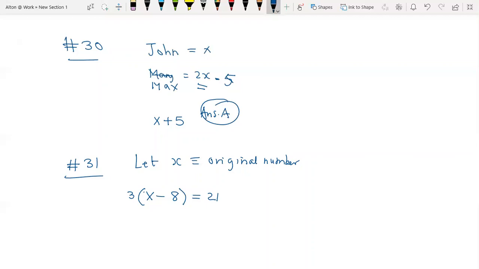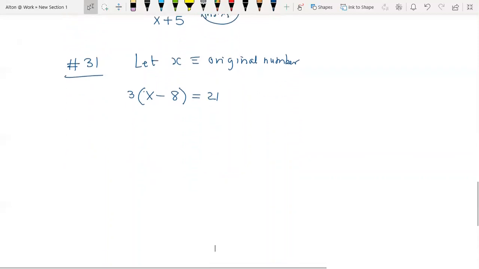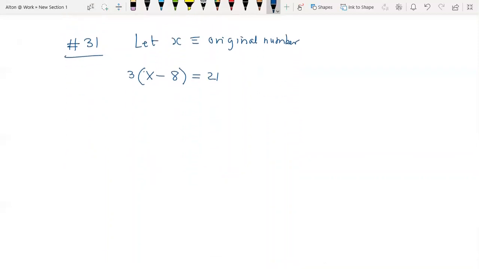Right, so let's look at a slightly different technique here in solving for x. We can divide both sides by 3. So instead of expanding your brackets, you can divide both sides by 3.